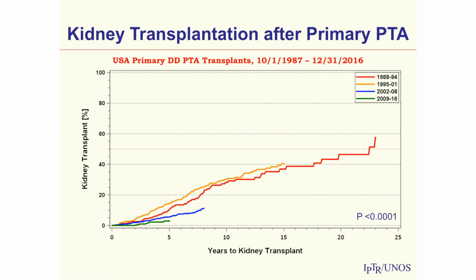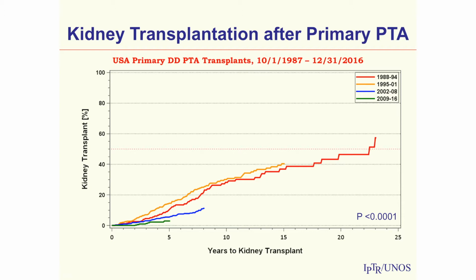Now, because we use immunosuppression in these pancreas transplant alone patients, and some of these patients already have some form of diabetic nephropathy, they frequently have to undergo a kidney transplant at a later time. However, over the years, the percentage has decreased.